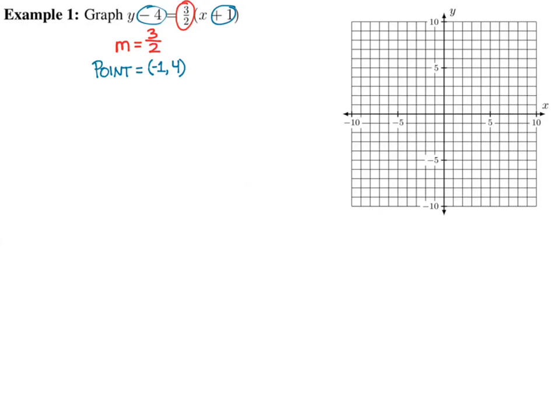It says x plus 1, so it's actually negative 1, and then y minus 4, so that's actually positive 4. The numbers are going to be backwards from what they kind of look like in the equation. So it says plus 1, it means negative 1. When it says minus 4 in the equation, it means positive 4.